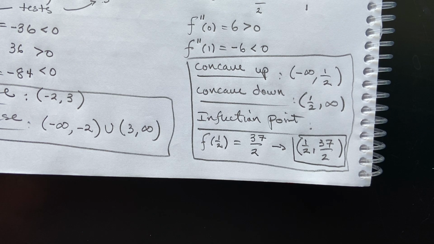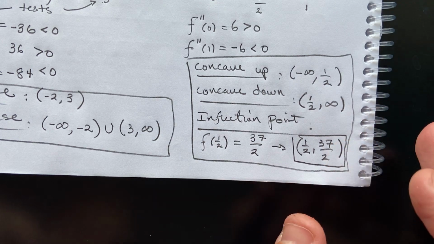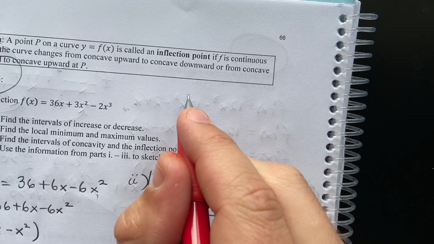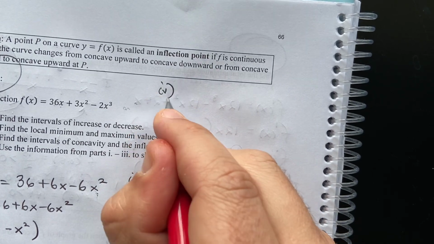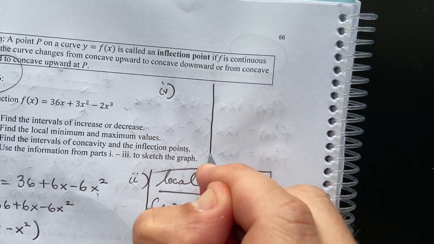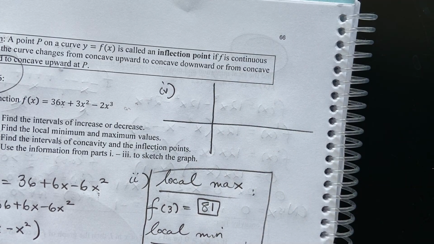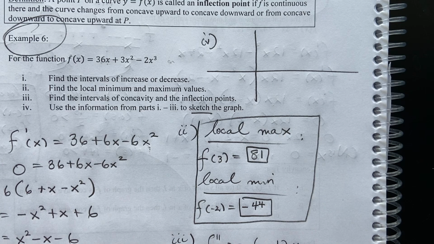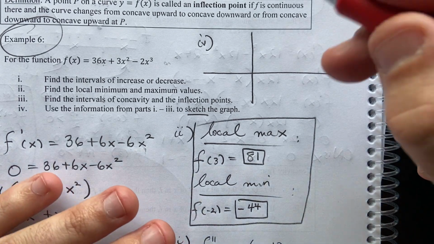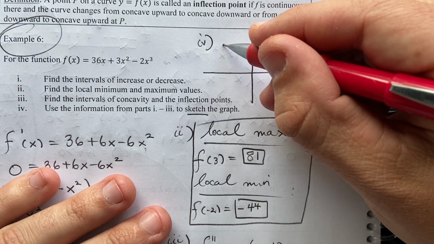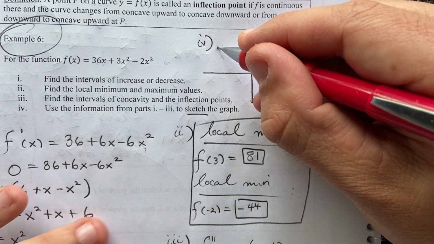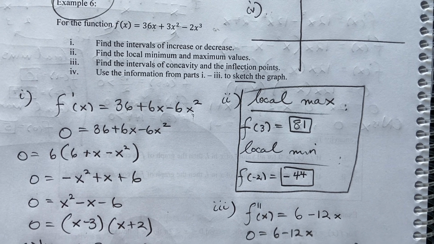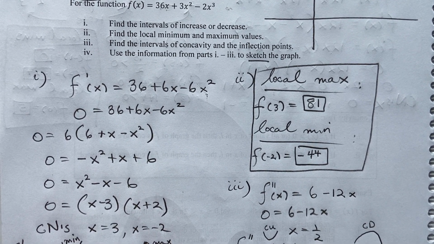All right, so a quick graph, a very quick graph. I'm using this space here. So for part 4, here's a quick sketch, right? That's the key word here. So we'll have something that looks like this. It's a cubic. We're decreasing, right, from -infinity to -2.